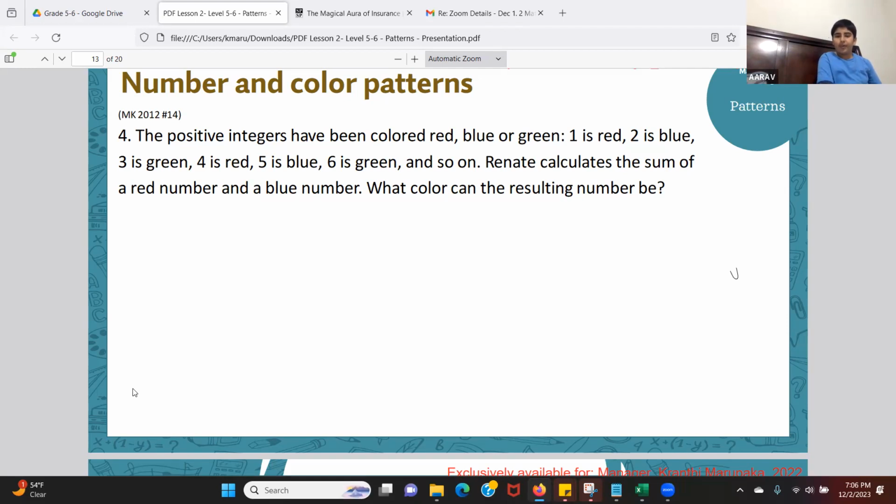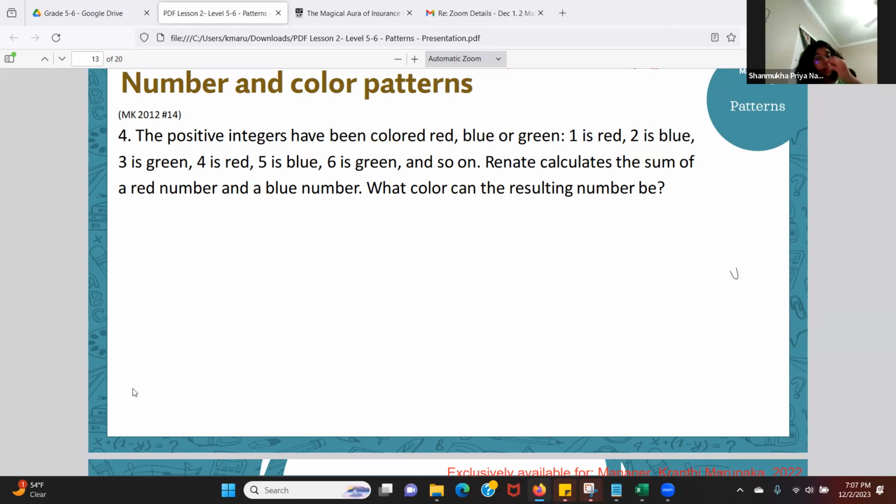And that would be the same for the blue and green. So basically if the first red and the first blue, 1 plus 2, equals green, then all of the other ones will be a multiple of 3, and that would also result in green, if you understand.